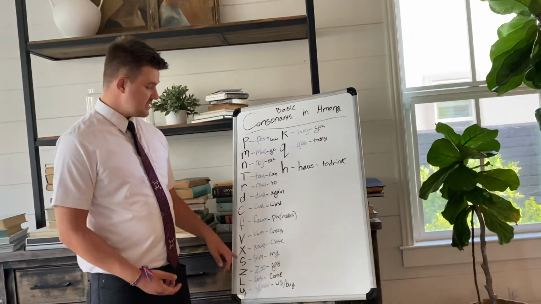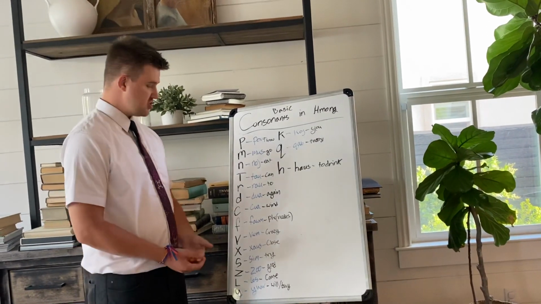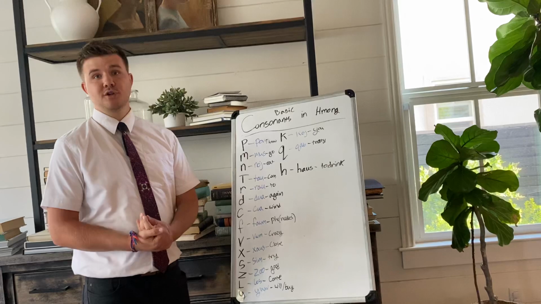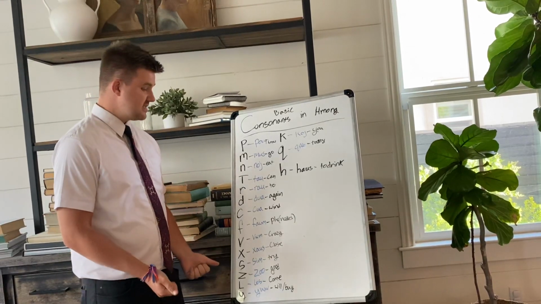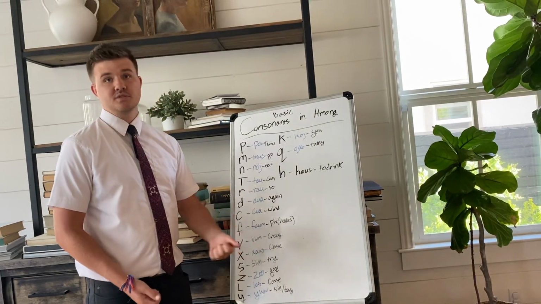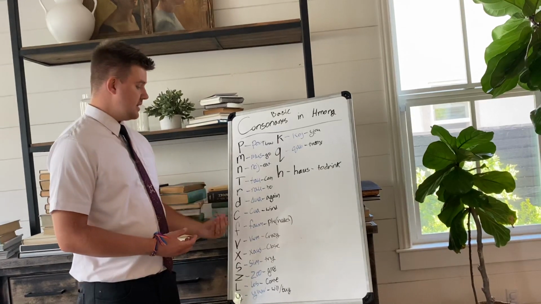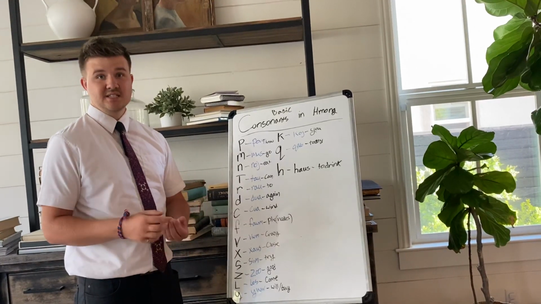After this, we have the X and the S. Now these are a little bit different from English, though we have both these sounds in English. The X is just the regular English S, like in the word sao, which means to close. Sao kadong, close the door, okay? Now, X makes the S sound.